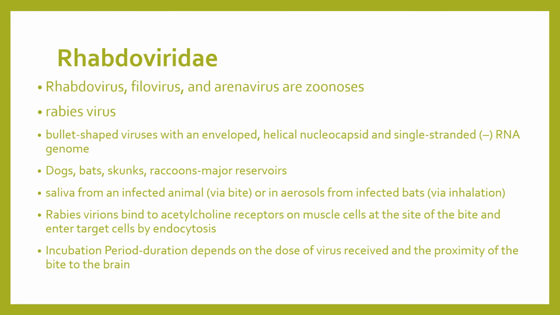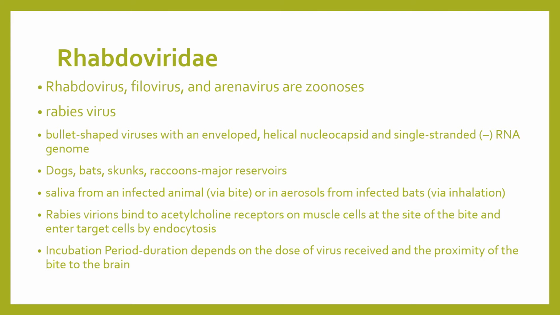It is a bullet-shaped virus with an enveloped helical nucleocapsid and a single-stranded negative RNA genome. Dogs, rats, skunks, and raccoons are the major reservoirs. Transmission is through saliva from an infected animal by bites, or through aerosols from infected bats by inhalation.